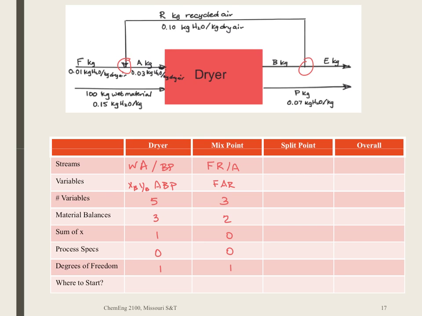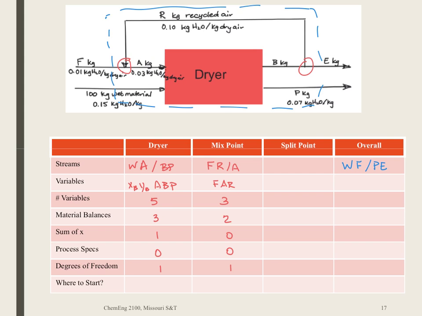How about, I'm going to skip over the split point. Let's do the overall next. So on the overall, the recycle stream is completely contained. I have the wet material and the feed come in, and I have E and P leave.